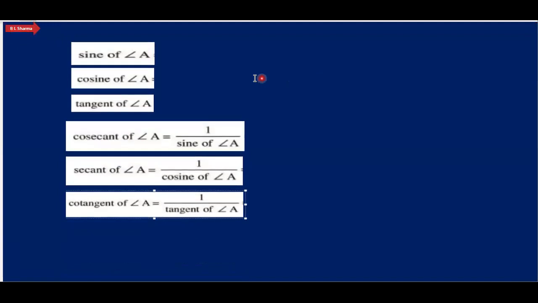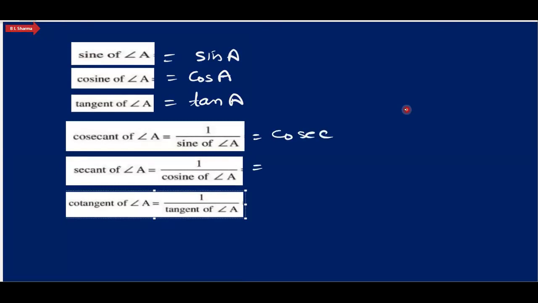So yes, the very important thing here is sin A, that is its abbreviation. In short we write sin A. Cosine of A, in short we write cos A. Tangent of A, in short we write tan A. Cosecant of A, in short we write cosec A. Secant of A, in short we write sec A. And the last, cotangent, in short we write cot A.